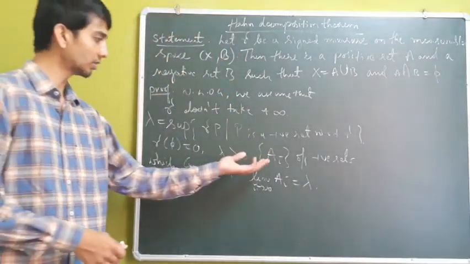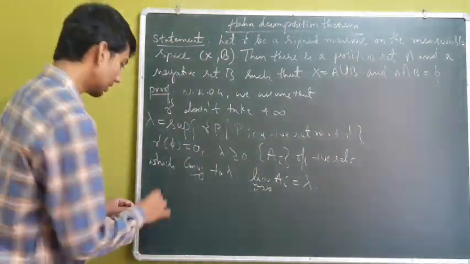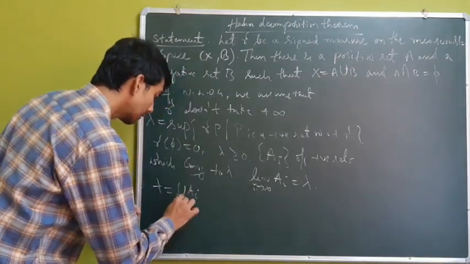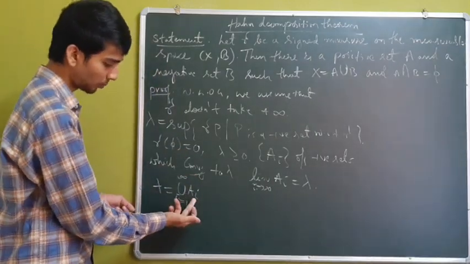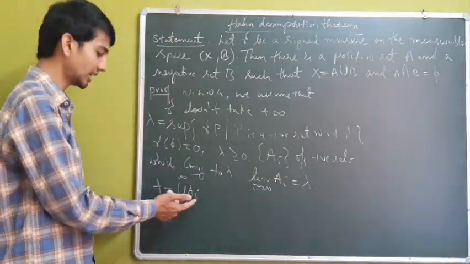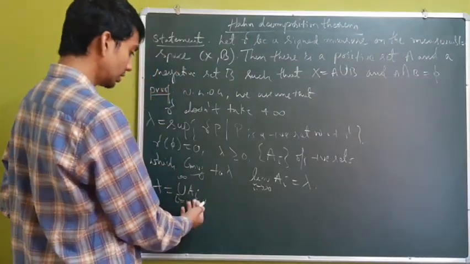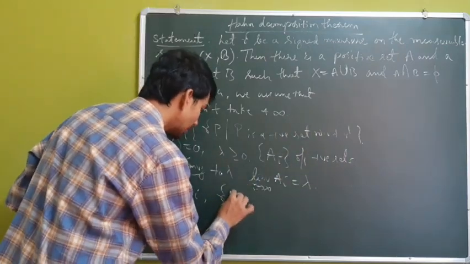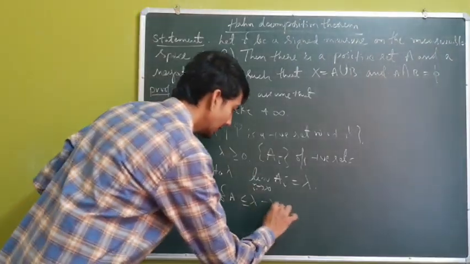So I have a sequence of positive sets which converges to lambda, and I will call A to be the union of the A_i, the countable union of A_i. A_i are positive, so A being a countable union of positive sets, A is a positive set. So I have A to be a positive set, and gamma of A_i are converging to lambda. Therefore, the sign measure of A should be less than or equal to lambda. Now I have got one side of the inequality.